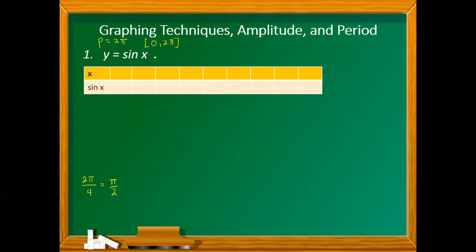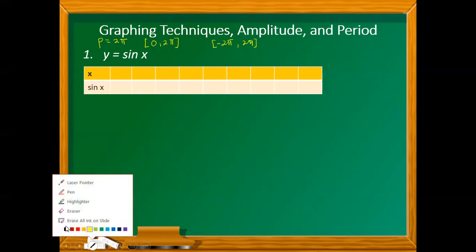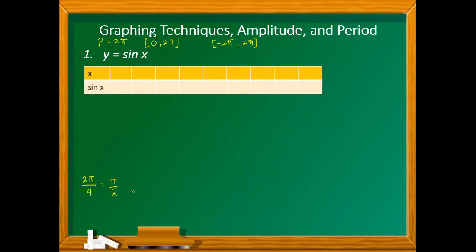So our goal here is to sketch the graph of y equals sine x in the interval from negative 2 pi to positive 2 pi. So we will be selecting some points, and dividing 2 pi by 4 will be of great help in identifying those points.